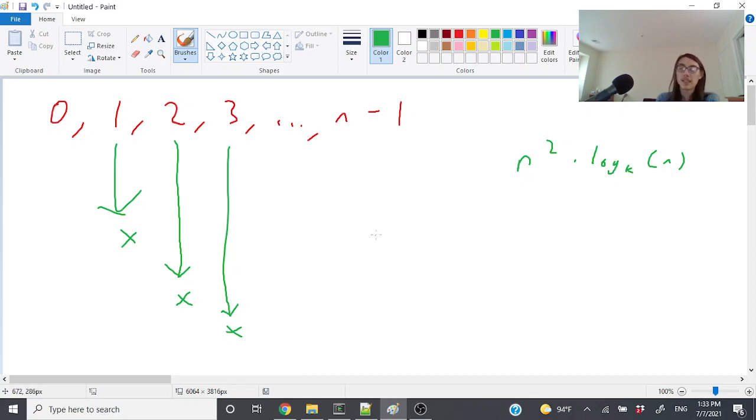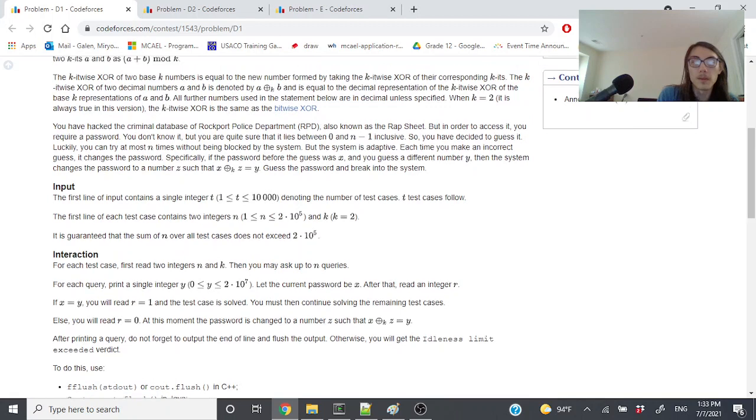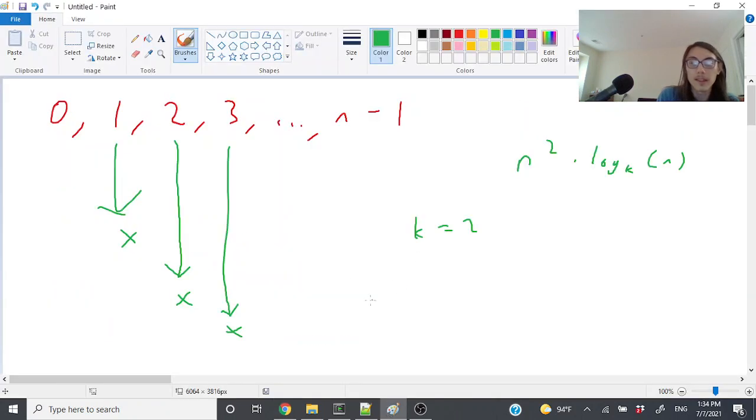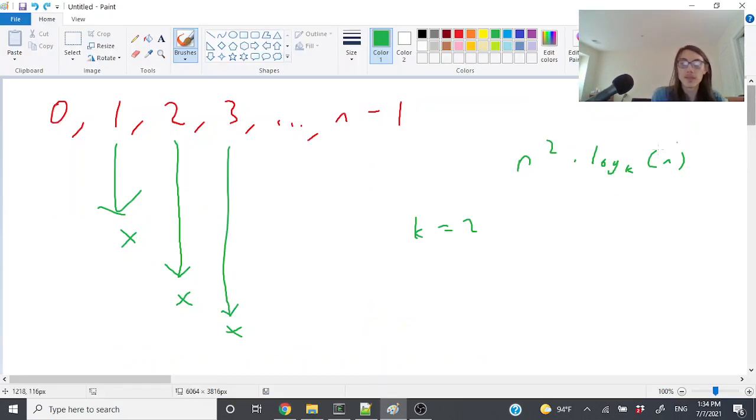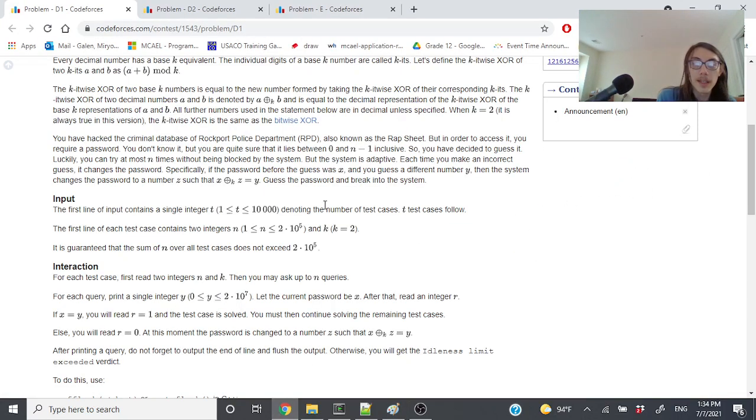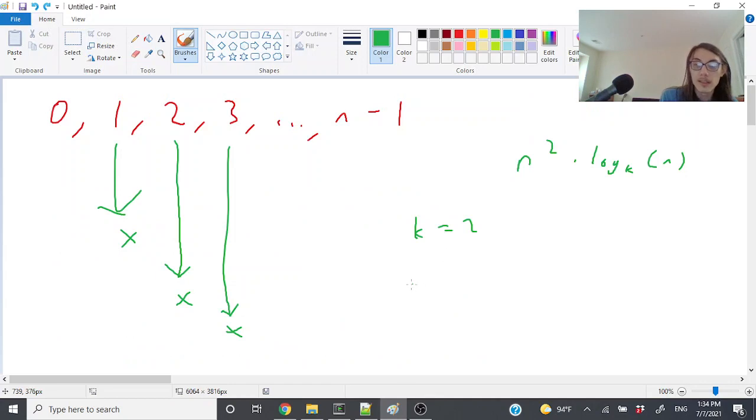But for the special case of k equals 2, well, we're essentially asking x XOR, when we change the value, we have a value x, the password before was x, you guess y, then the password changes to z. So you want x XOR z is equal to y. The inverse of XOR is XOR.